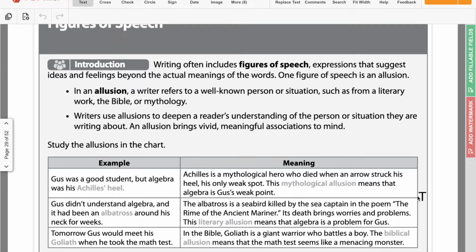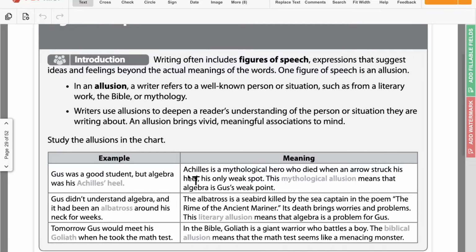That's mythology. That is what mythology is, all that kind of mystical sort of stuff. So writers use allusions to deepen a reader's understanding of the person or situation they're writing about. An allusion brings vivid, meaningful associations to mind. So we're going to look at the allusions in this chart.